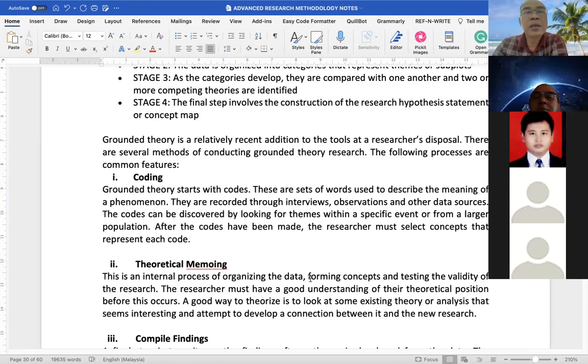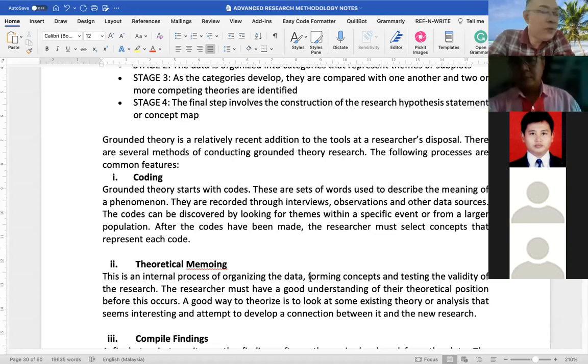So these are some of the methods to collect data. Whatever the data that are obtained in grounded theory, it starts with codes. The codes are determined by the researchers.